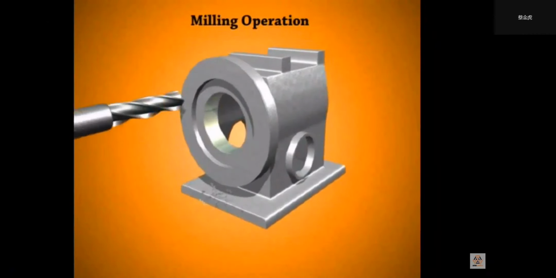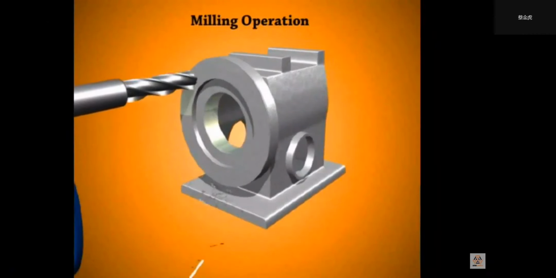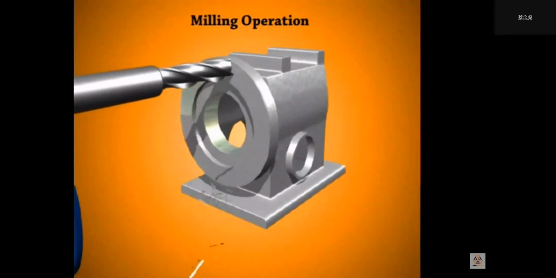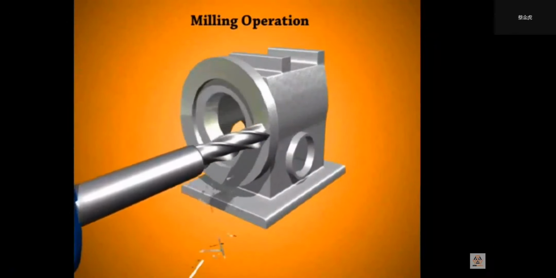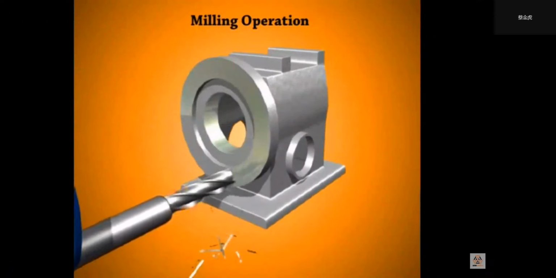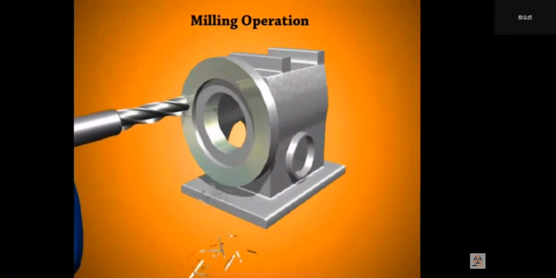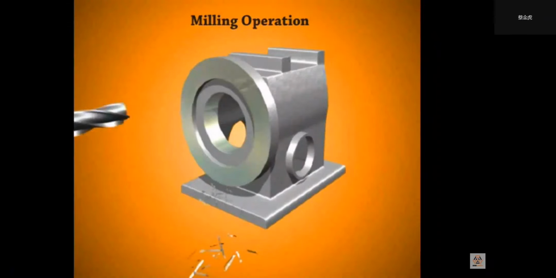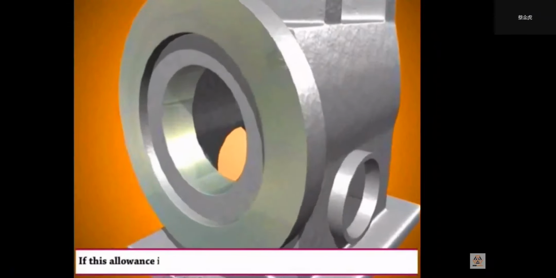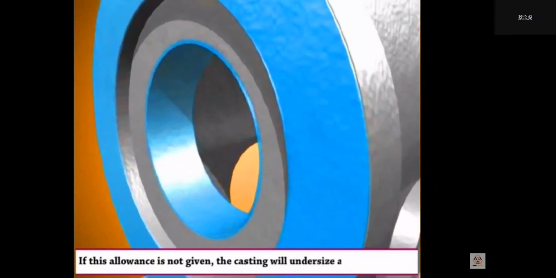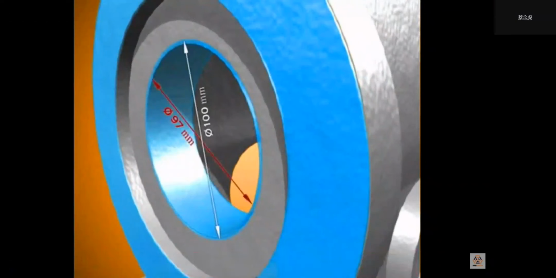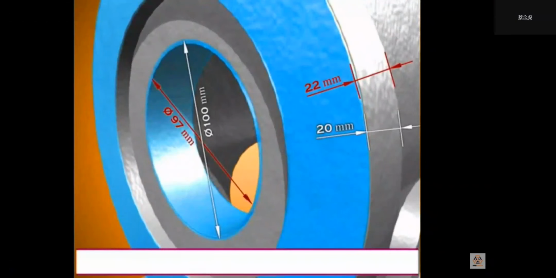Milling operation takes place. If this allowance is not given, the casting will be undersize after machining. This allowance value varies from 3 mm to 18 mm.